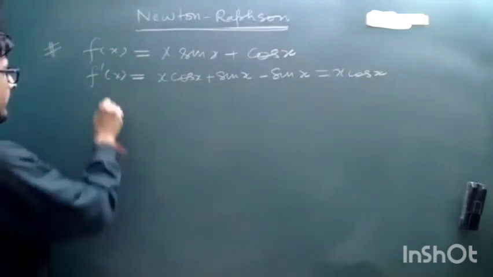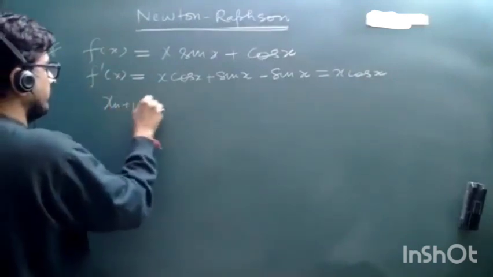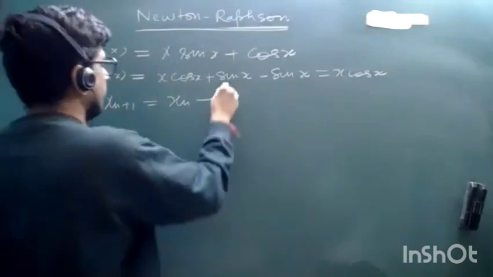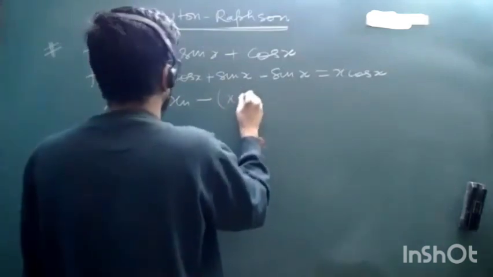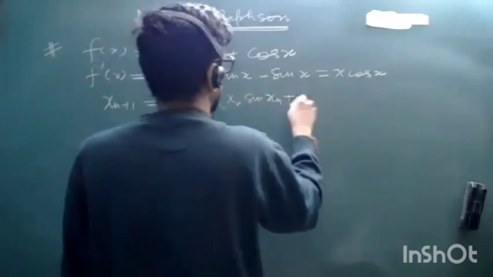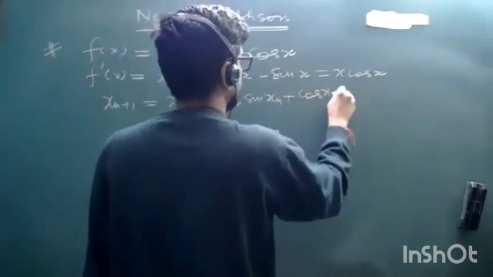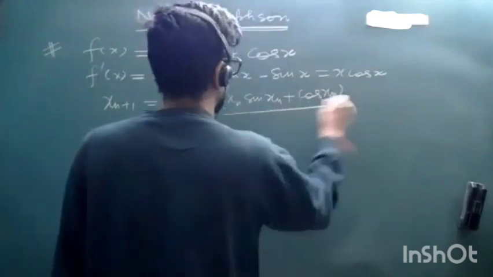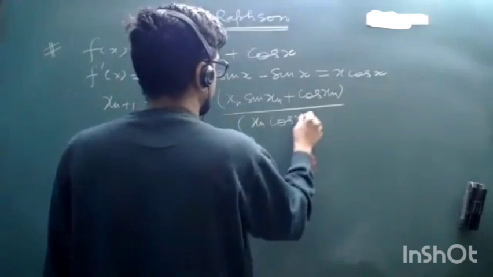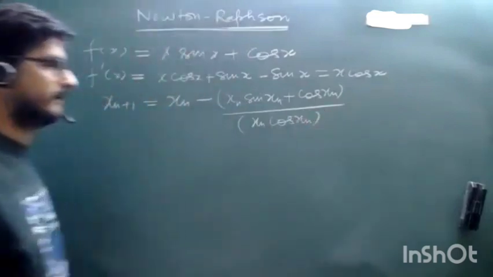Now x(n+1) = x(n) - (xn sin xn + cos xn) over (xn cos xn).